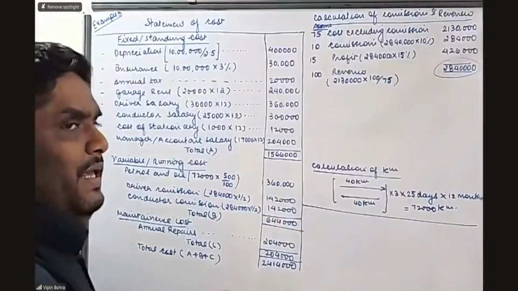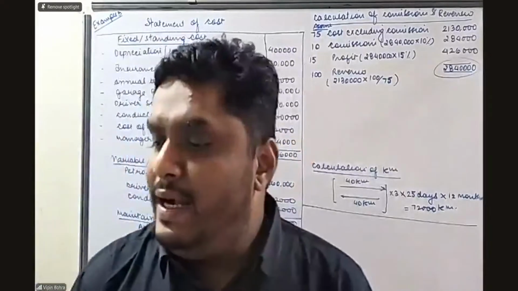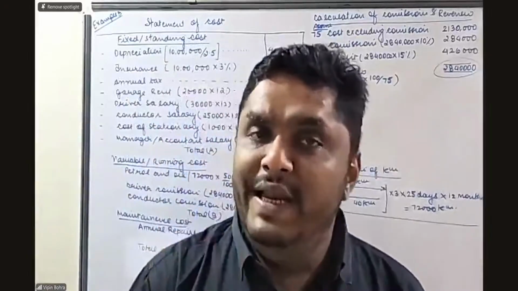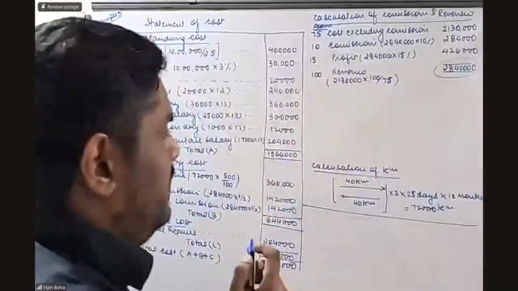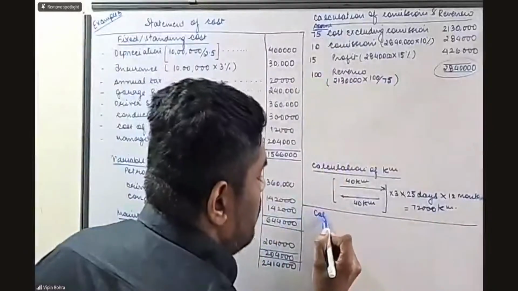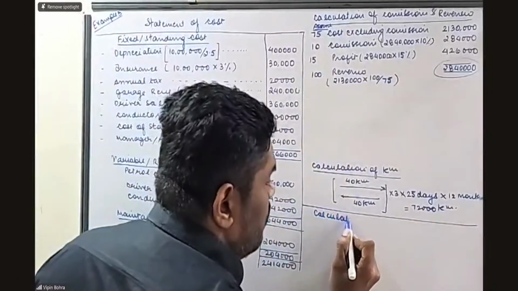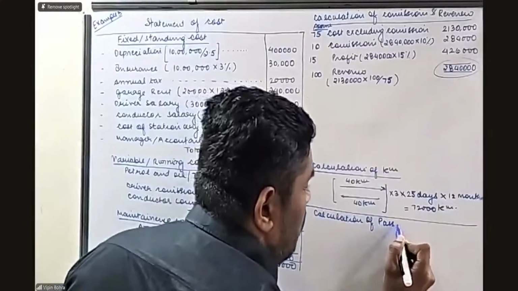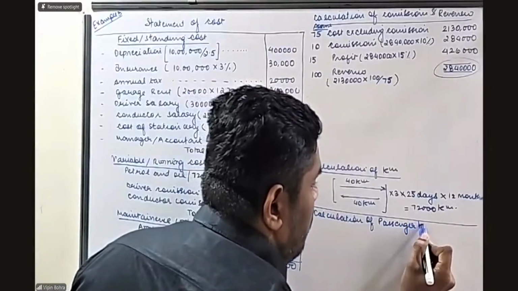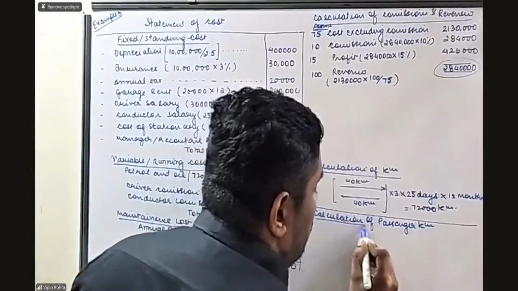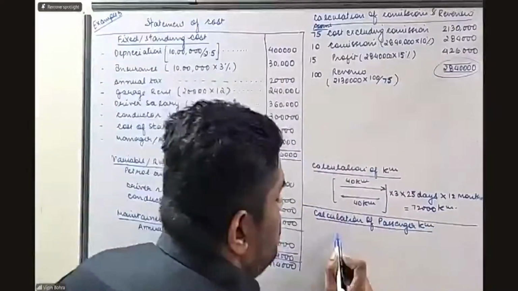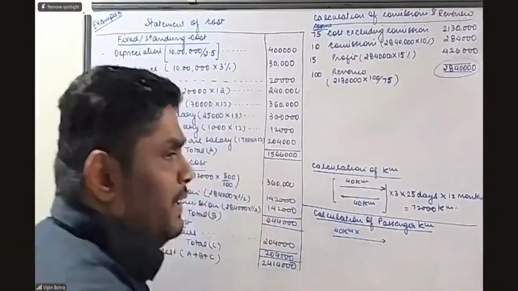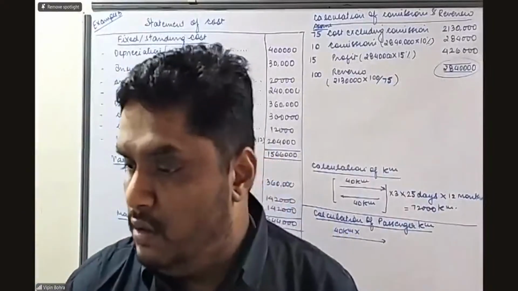Now see, the question is asking us to calculate the bus fare to be charged from each passenger. So we need to calculate the passenger kilometer. So now same way, 40 kilometers they are traveling. The occupancy is how much?